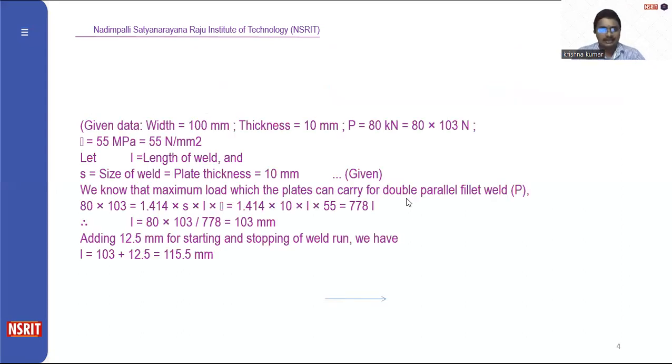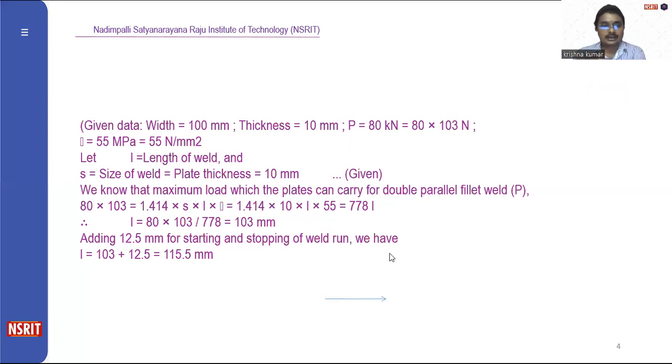From the given data, thickness and load, we know these things. Now we calculate the maximum load of the plate for the double parallel fillet weld, P is equal to 80 into 10^3.